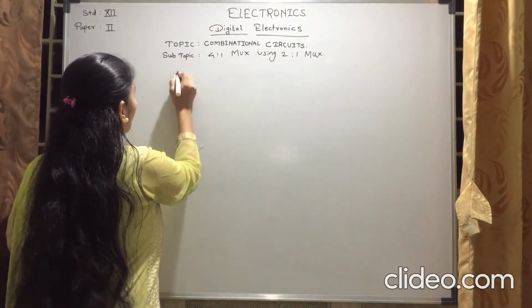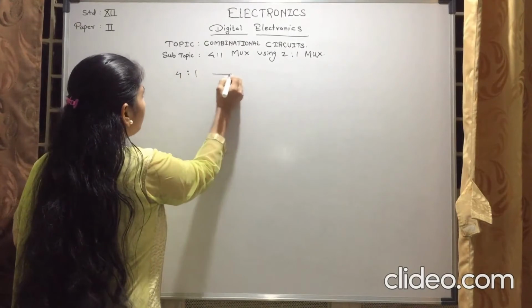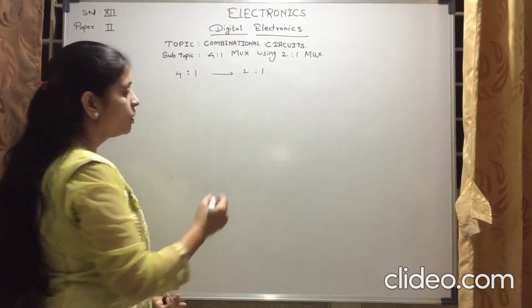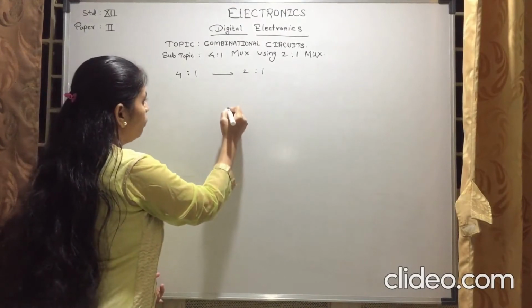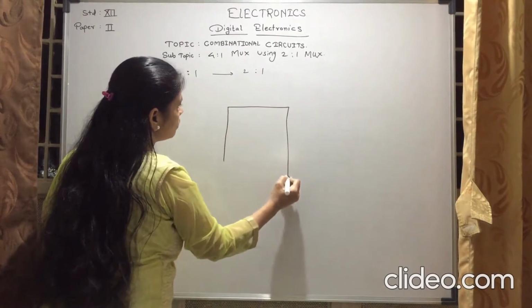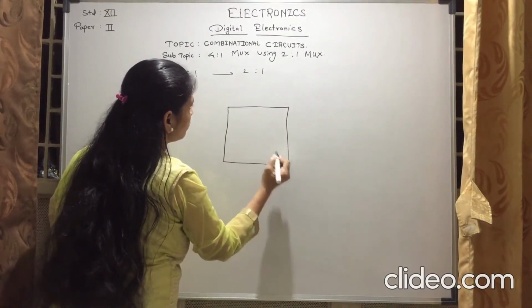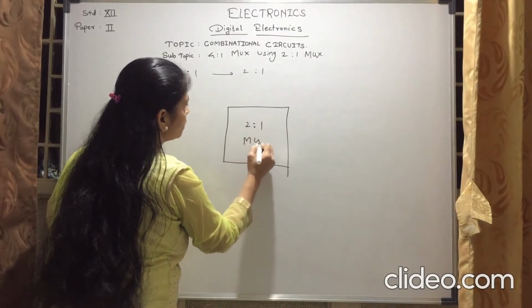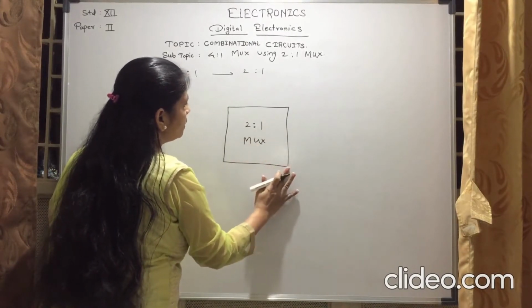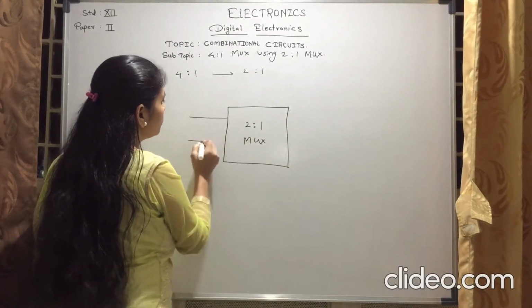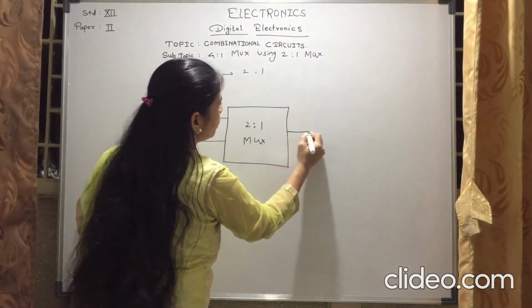So, we want 4 to 1 mux from 2 to 1 mux. Now, we first have to draw a 2 to 1 mux. This is 2 to 1 mux. As its name suggests, 2 to 1 mux means it has 2 inputs and 1 output.